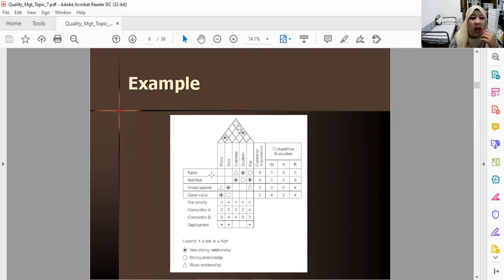And in terms of the calories, if you can see some of the indicators here, the bullets, they have a very strong relationship between these indicators: price, size, calorie, sodium, fat, and the customer importance. And also we have the competitive relation versus the taste, nutrition, visual appeal, which means how they do the marketing side, and also the good value.